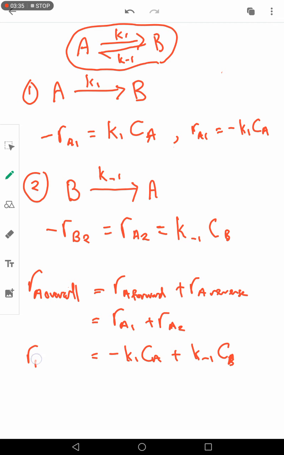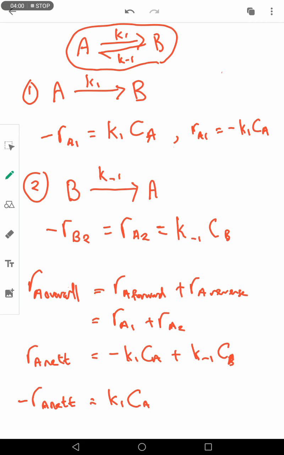Ini RA net. Kalau kita negatifkan RA net, so maksudnya the sign at right hand side will be different. So ni adalah basic, saya harap you guys boleh faham lah, okay?